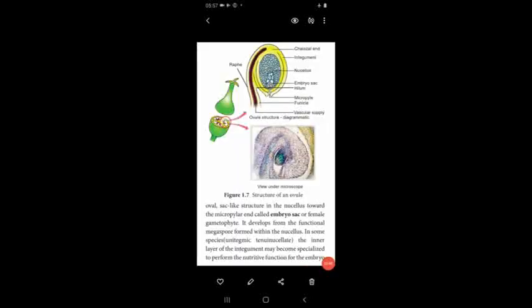Dear students, see the diagram of the structure of the ovule. Basically, the basal region is the chalaza end. Then a minute opening called the micropyle is at the top.